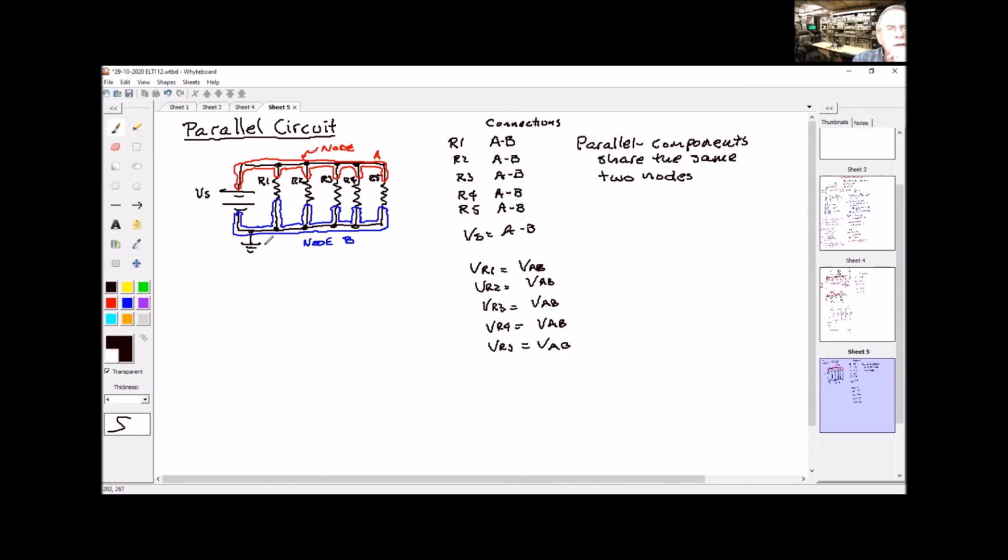So then what can you tell me about the voltages in a parallel circuit? The resistor voltages in a parallel circuit.